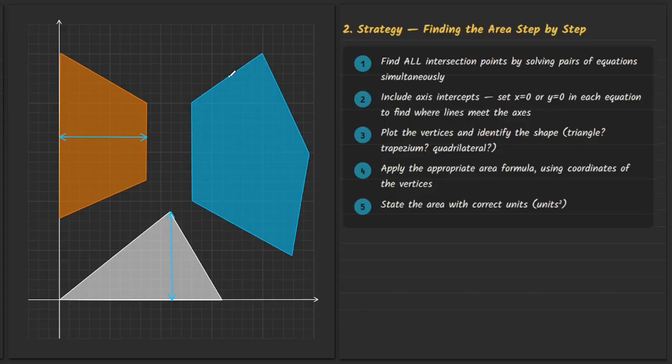If we have the equation of this line and the equation of this line, this is where they both meet. If you have not been given this coordinate, you'd have to solve them simultaneously to get it. You include the x-axis intercept, and also the y-axis intercept as well.